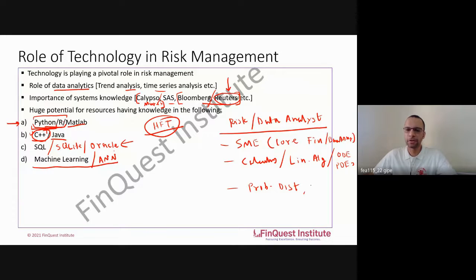Also measures of dispersion, central tendency, etc. And of course, tech tools. So to make it big inside data sciences, or maybe in risk analytics, for good roles in risk analytics, I would say these are a few skills which one should target.